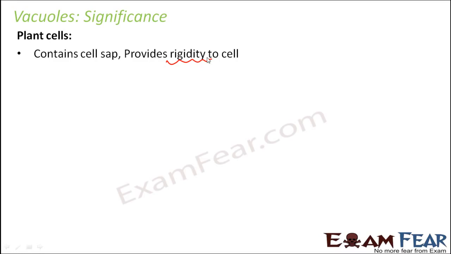As the plant grows, it needs a lot of things which can support it structurally. So you would see so many things present in the plant to provide it rigidity, for example, the cell wall, and vacuoles also provide some rigidity from their end.